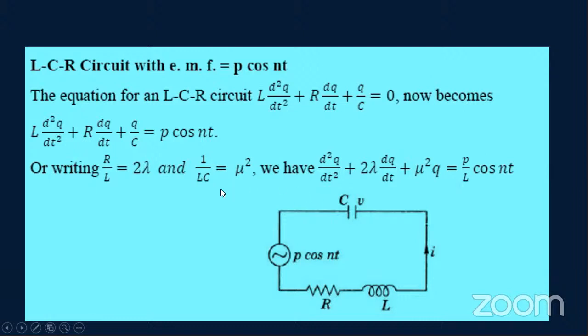So you need to understand, whenever electromotive force is given, the right hand side function is present. That means in the absence of electromotive force, we will have only the left hand side part of the equation, and hence it is considered a homogeneous linear differential equation, and there is no need to find the particular integral for P cos nt or whatever function is given on the right hand side in the position of electromotive force.